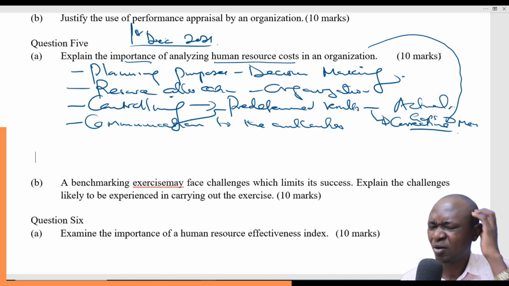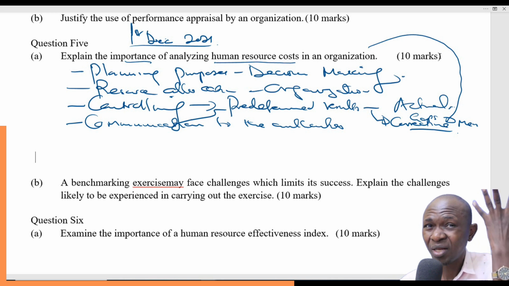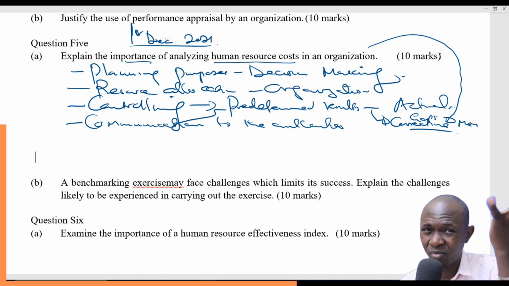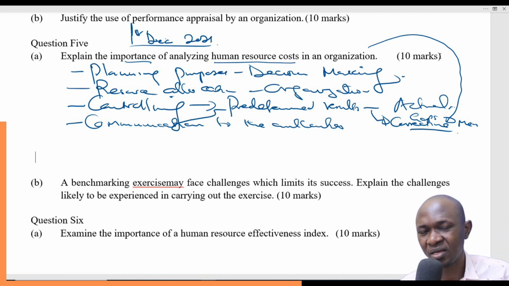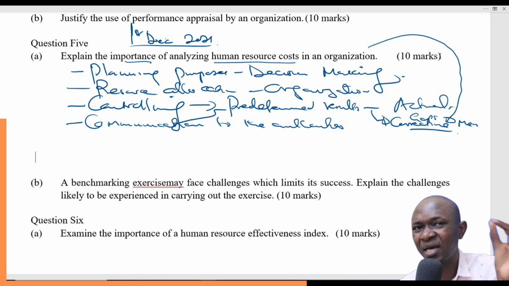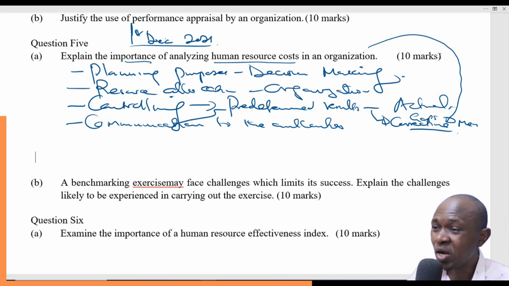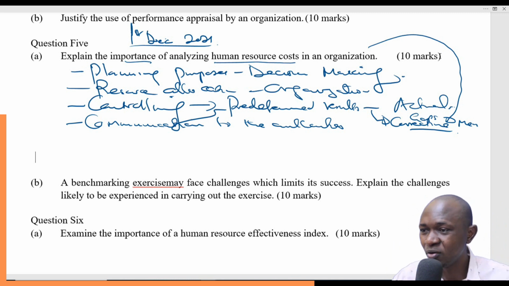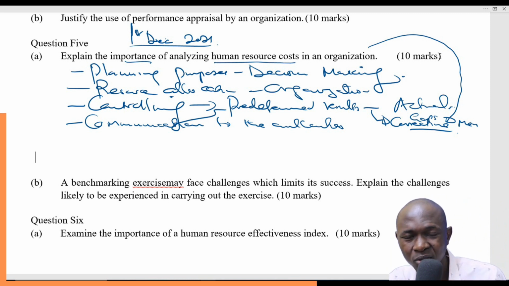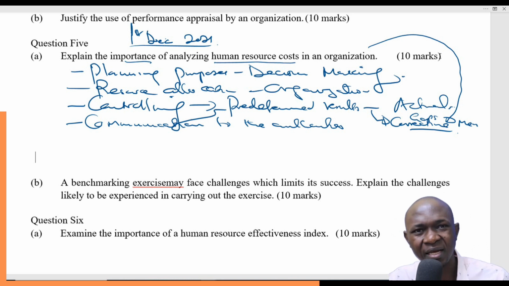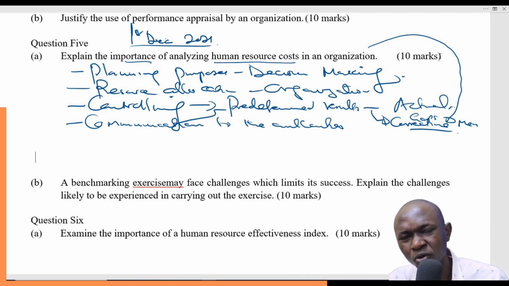And that will make communication very poor, because communication is about understanding. Are you passing the information to the people, and are they getting the gist out of it? If the information you are giving them can't answer the questions they have, then that communication is poor. But with the figures here, you have analyzed all the costs. You're giving them the figures, it becomes very easy. Communication becomes top-notch.